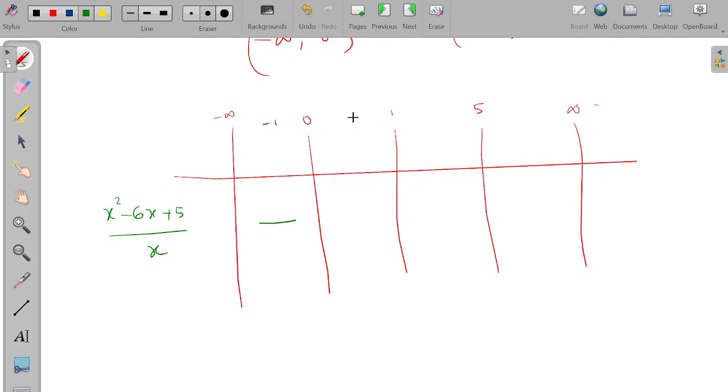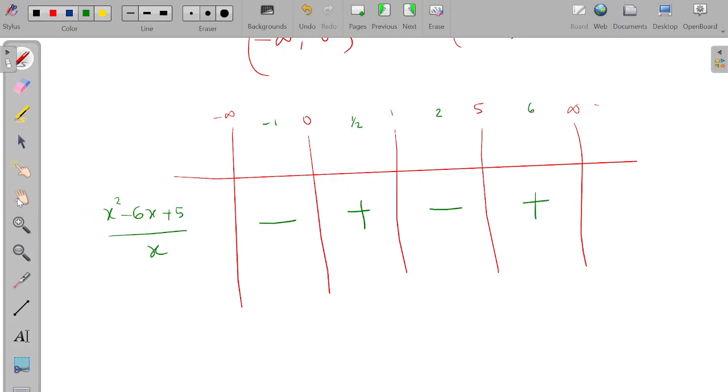Between 0 and 1, I can pick half, and I will get positive. Between 1 and 5, I can pick 2, and I will get negative. Beyond 5, I can pick 6, and I will get positive.